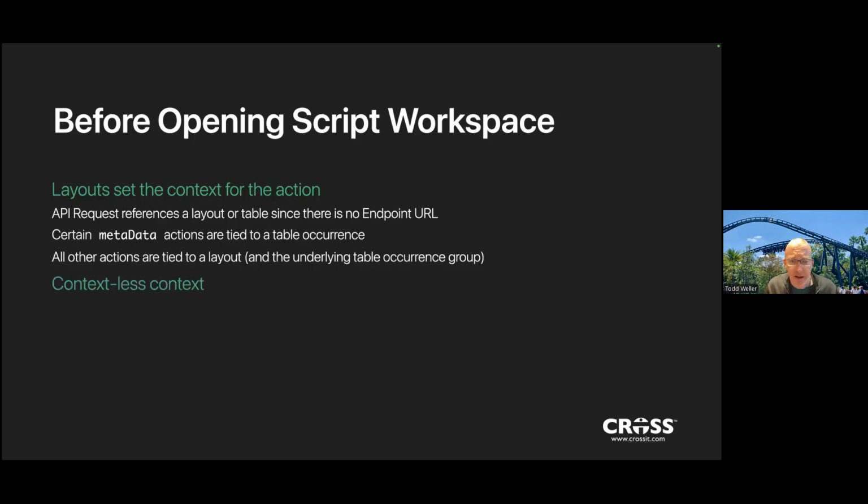This is what allows for what I've dubbed contextless context. What I mean by that is that the layout or the table of the request does not have to be from the current context of the script. In the example we just looked at, we were in the orders and line items tables, but we were writing the log to a script log table that had no relationship at all.